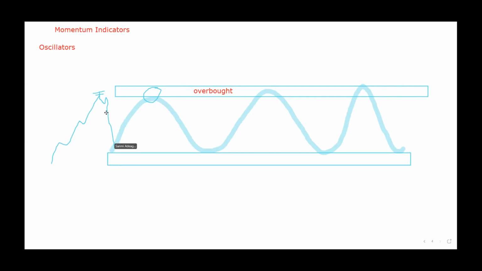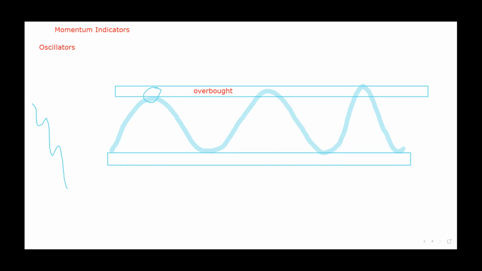The same thing when the market is trending downwards: you're going to see the oscillators also sloping downward. The market is going downward like this, you see the oscillators also sloping downward like this, and it's going to get to this boundary here.